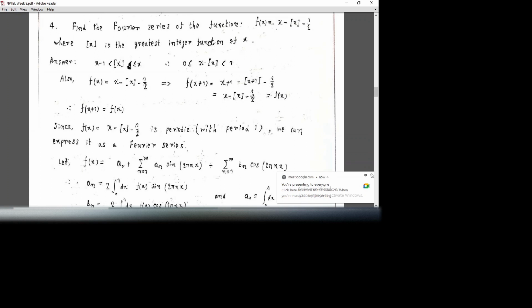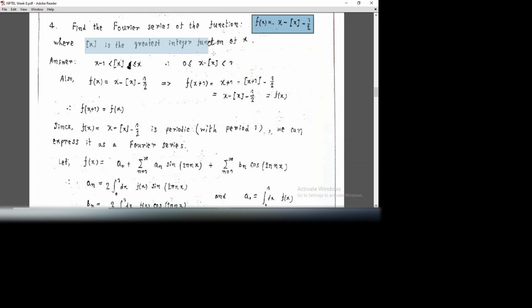So again, we have to find a Fourier series of a given function, and here the function is x minus box x minus half. Find the Fourier series of this function, where box x is the greatest integer function of x.